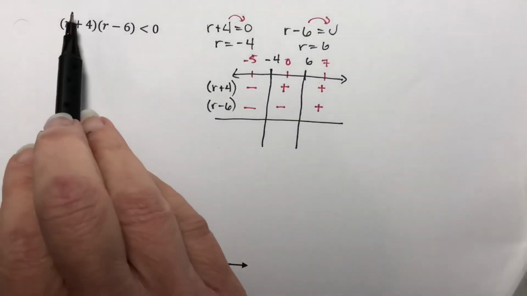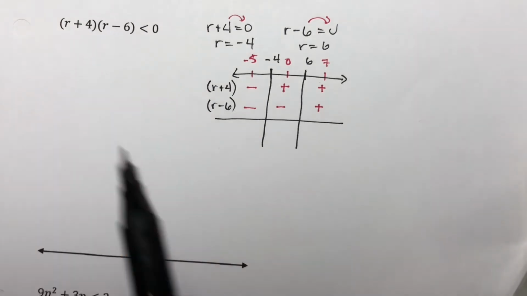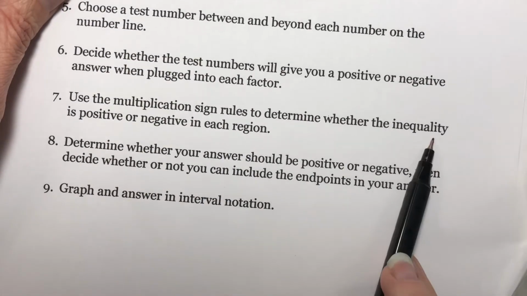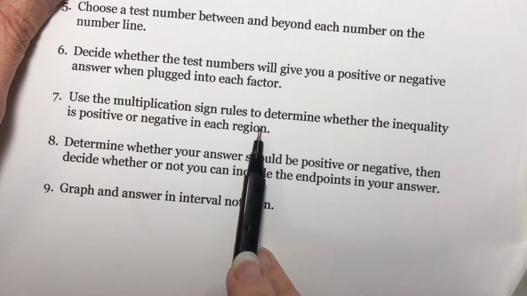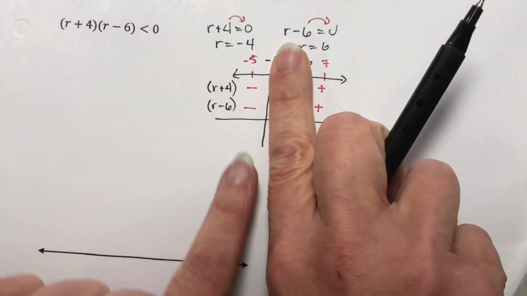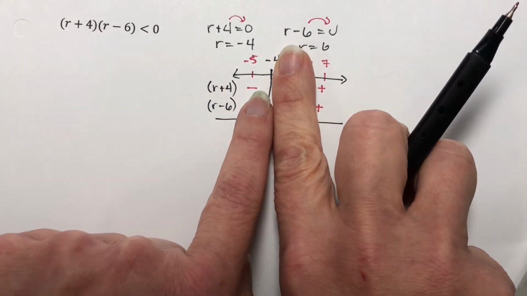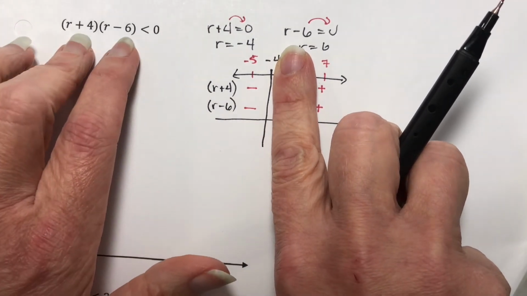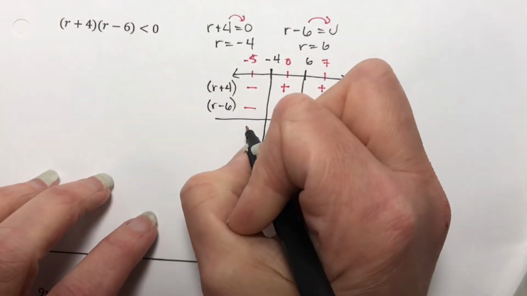Now, if you look right here, these two things are being multiplied. We use our multiplication sign rules to determine whether or not the expression is positive or negative in each region. So in this little area right here, if I plug in numbers in this area of the number line, this one gives me a negative, this one gives me a negative. So I would have a negative times a negative, which is positive.